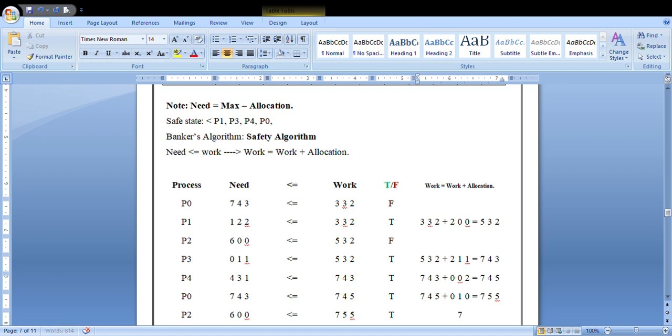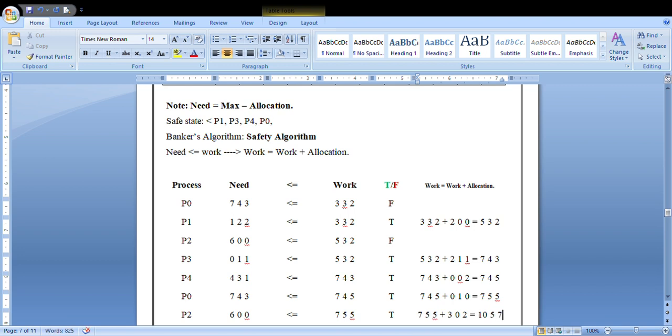It is 755 plus, what is the allocation value for P2 process? It is 302. After summing, what is the value? 3 plus 7 plus 3 is 10, 5, and 5 plus 2 is 7.